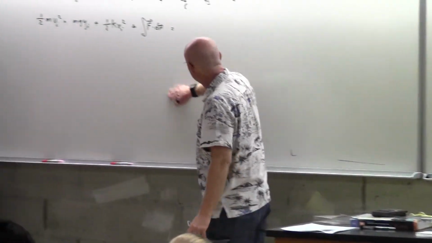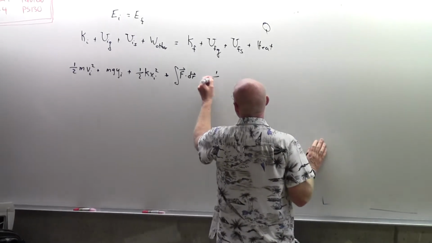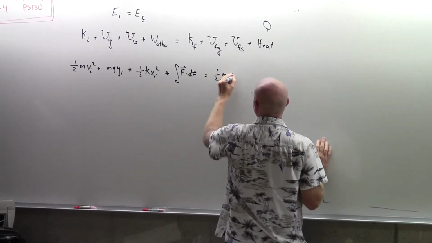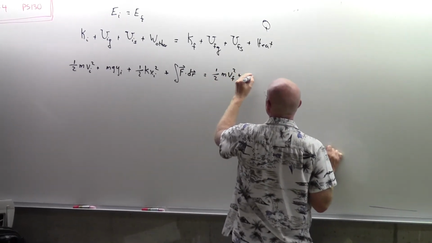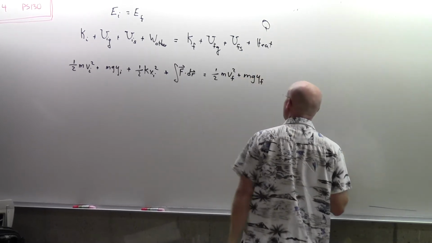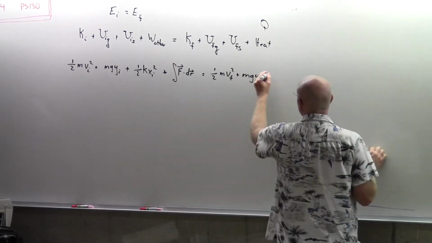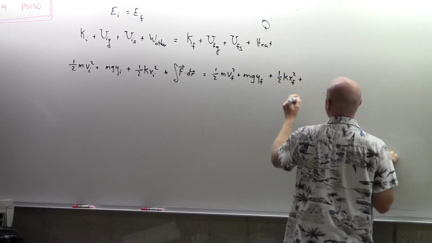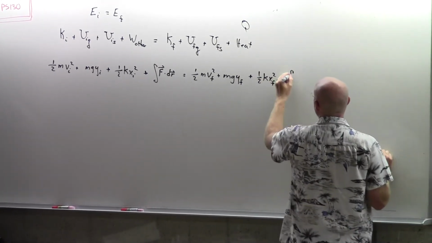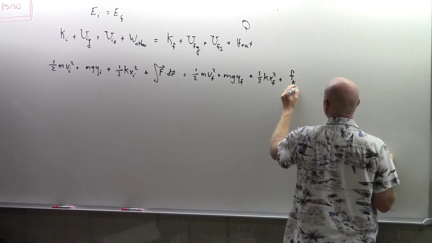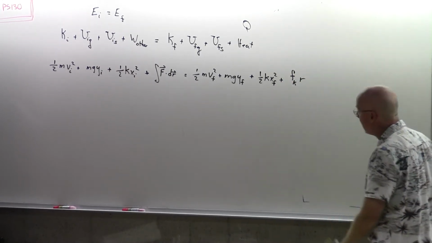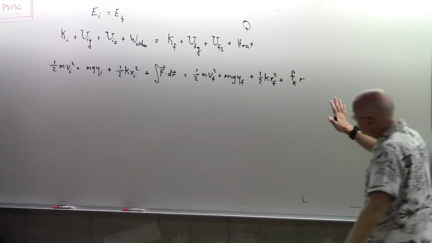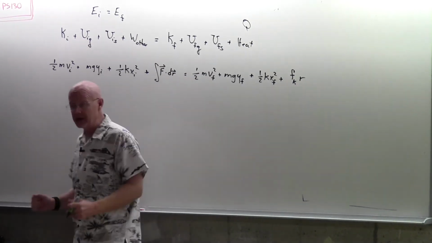And you'll see we'll use a couple of those today. And of course this equals 1/2 mv final squared plus mgy final plus 1/2 kx final squared plus the force of kinetic friction times distance traveled. That's how we worked it out, by doing those individual integrals, and it's been some time.